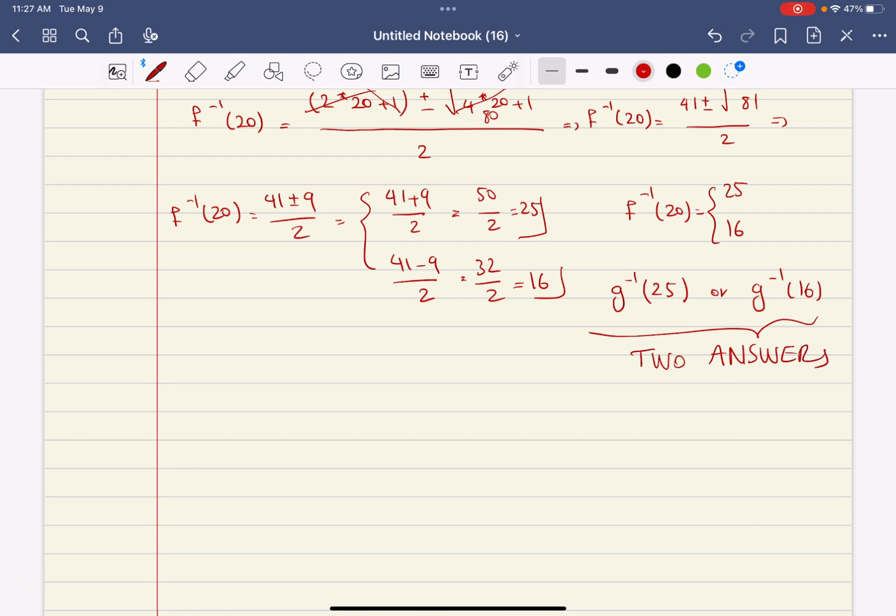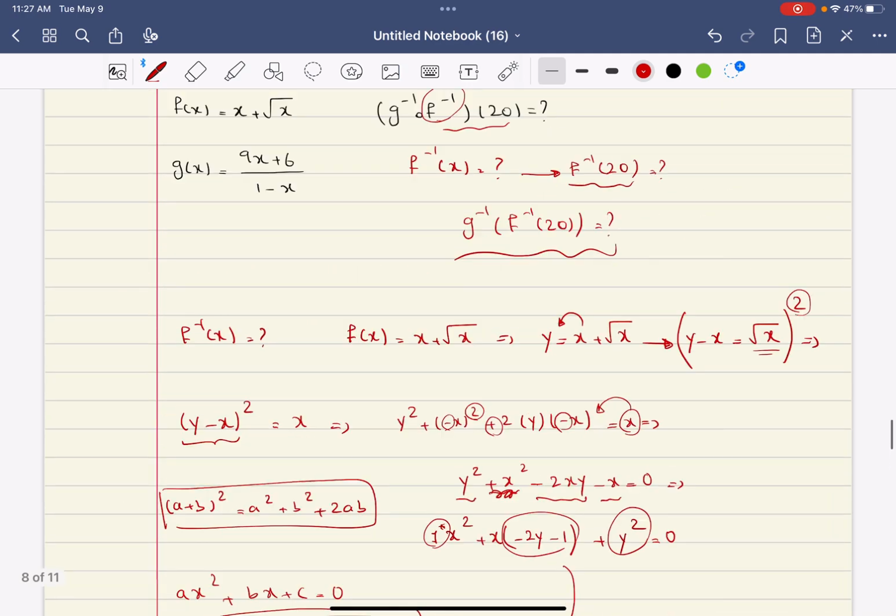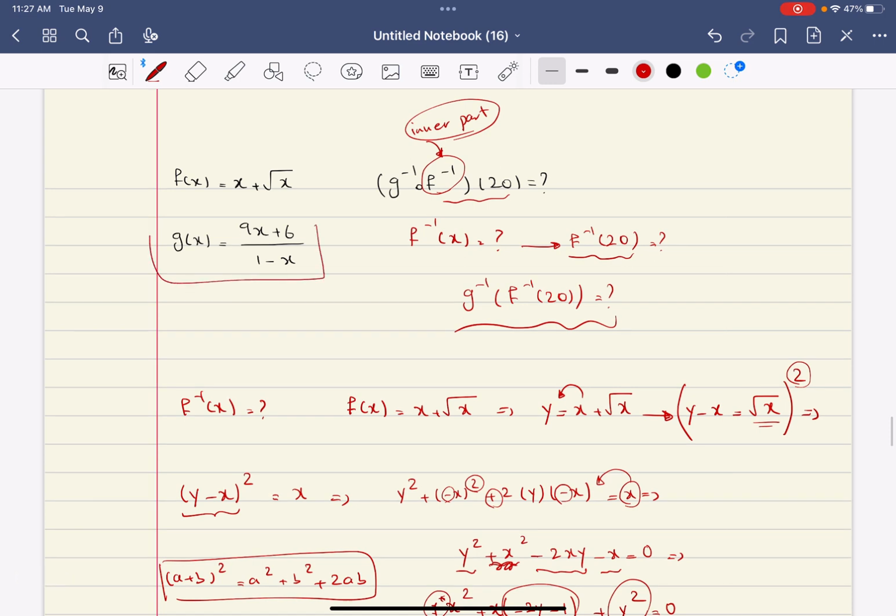So to be able to find these answers, we need to find the inverse of g as well. So g is equal to this. I'm gonna copy that and put it in a new line.